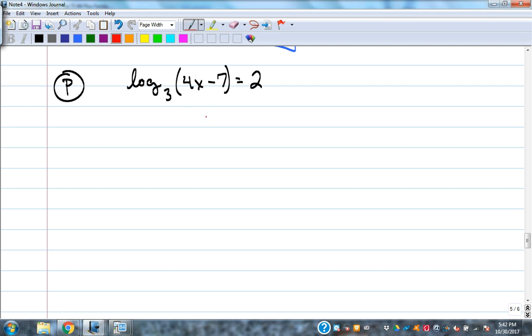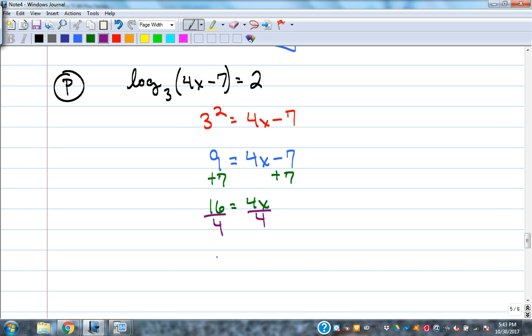The base is 3. Yeah. And what's 3 squared? And then we're back in 7th grade math. Easy stuff right there.